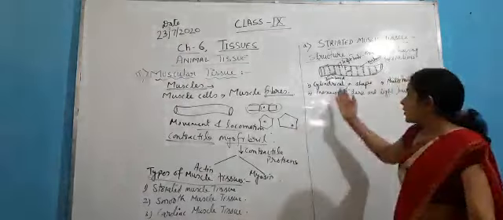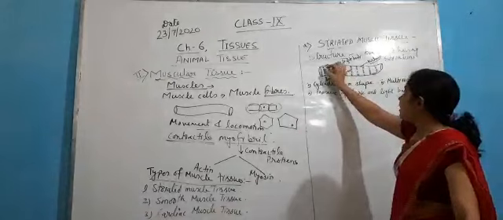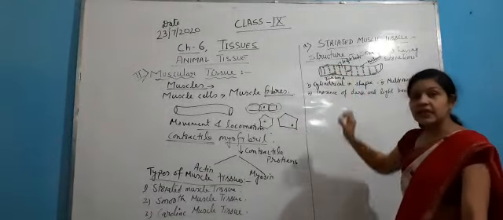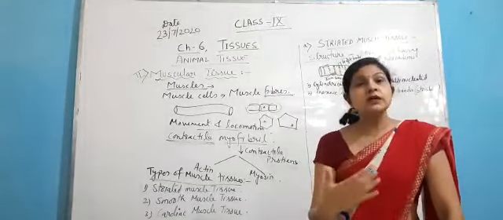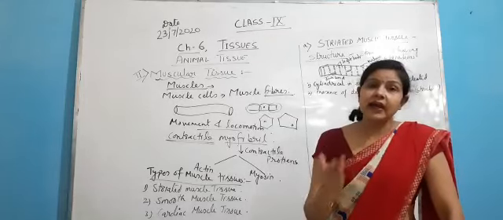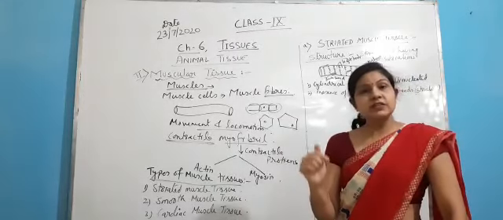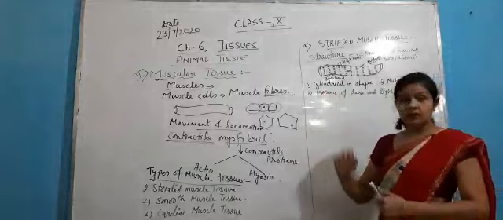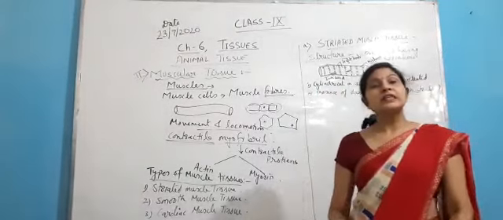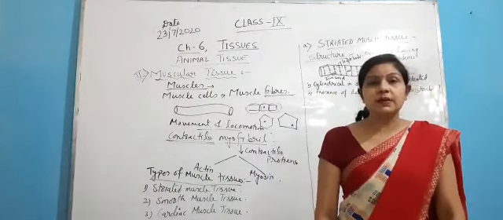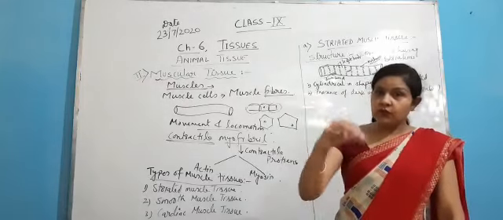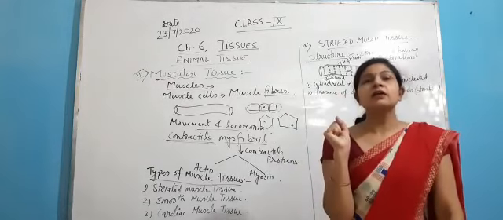In the striated muscle cells, muscle fibers, the arrangement of actin and myosin is such that they form a visible dark and light band, and that is why when we see this type of muscle cell under the microscope, these light and dark bands are visible, and we collectively call them striations.